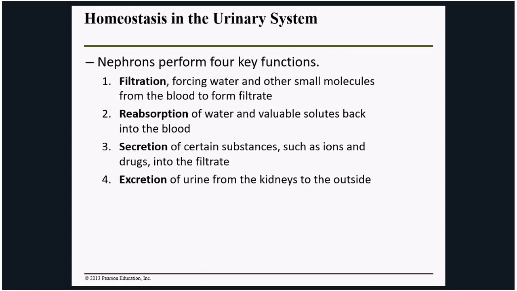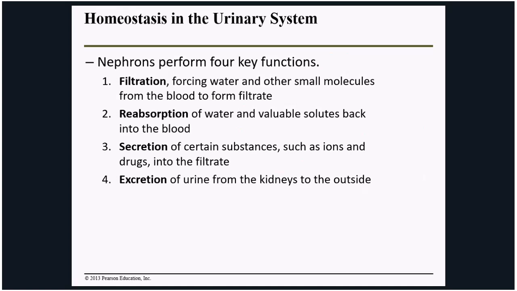So filtration. Your blood pressure will actually help in this process. Blood flows into your kidneys. Filtration happens within the nephron. This is forcing a lot of water and a lot of small molecules and nutrients out of the blood. It goes into this little space or tube in your kidneys, and it makes something called filtrate.